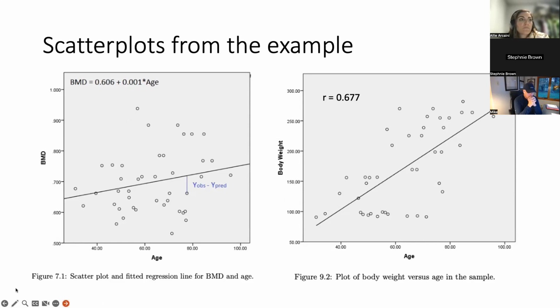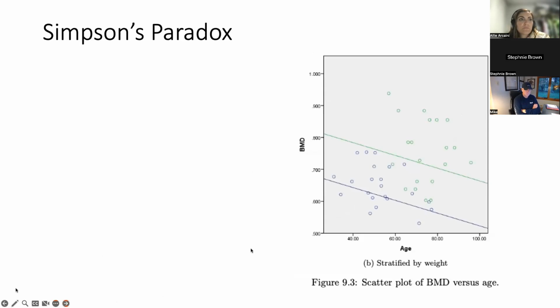Indeed, I can get some better insight if I do, remember back a few weeks, I had you make some scatter plots with different groups, different lines for different groups, or the points were colored. So I don't have a categorical variable here, but let's say that I made body weight categorical.